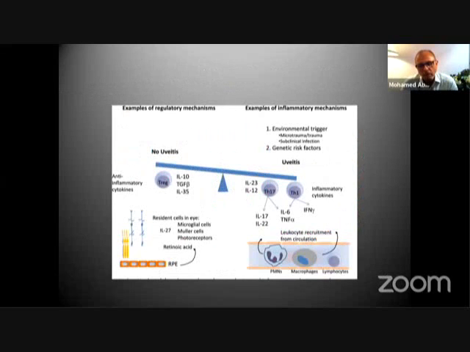What happens in uveitis is that there is an imbalance between pro-inflammatory and anti-inflammatory cytokines. And by producing a drug that inhibits one of the pro-inflammatory cytokines, in most of the cases tumor necrosis factor alpha, this would revert the balance back to a non-inflammatory condition.